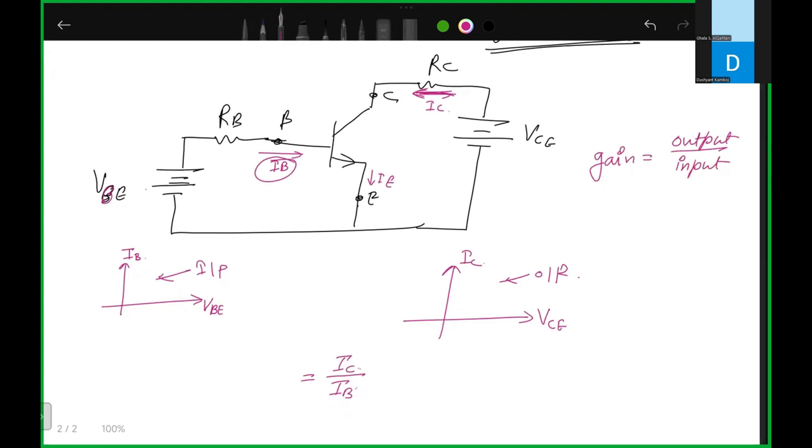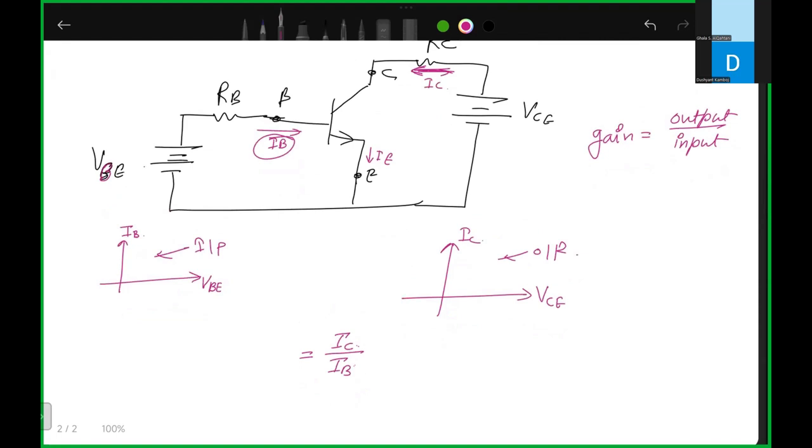So if I define the current gain here, we have to use the output current. That output current is IC, and the input terminal is this one, so the input current is IB.